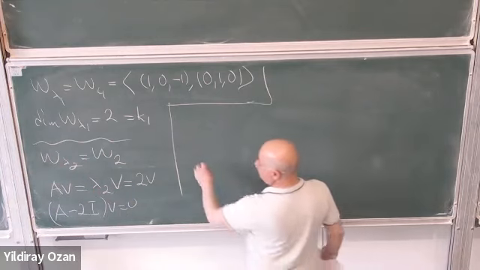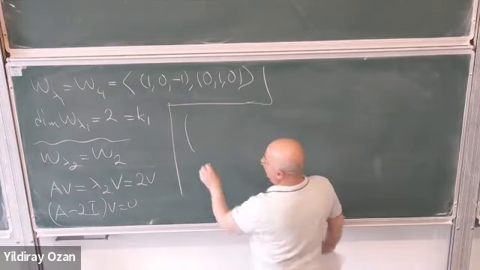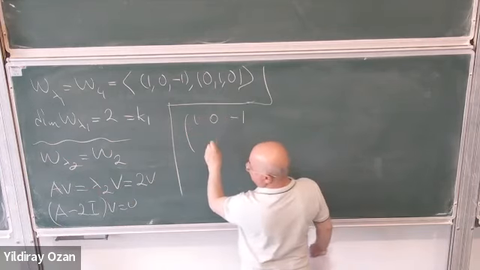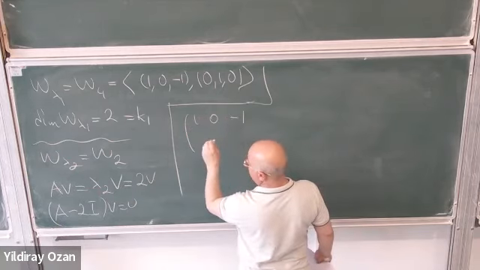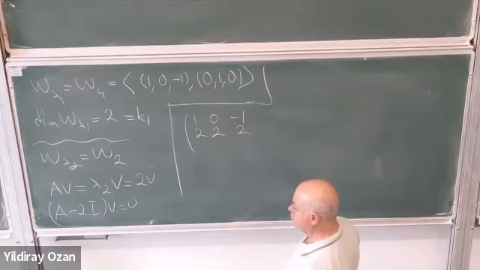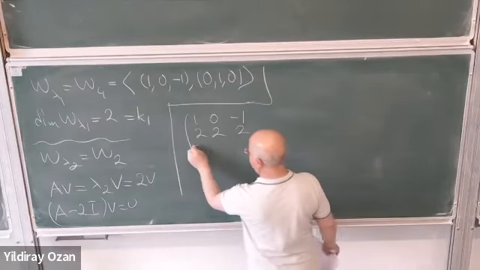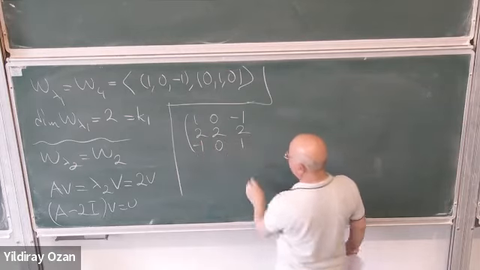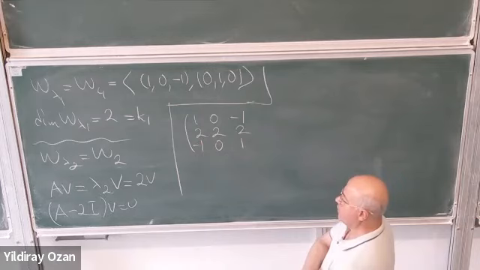So here's the first row. 2, right? Because I subtracted 2. Minus 1, 0, 1. Okay.